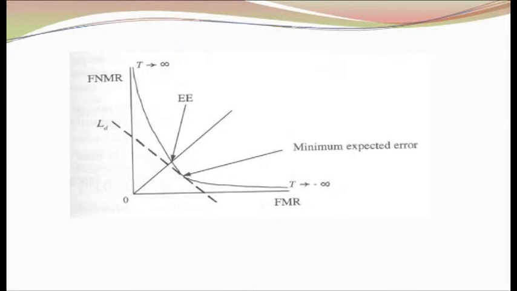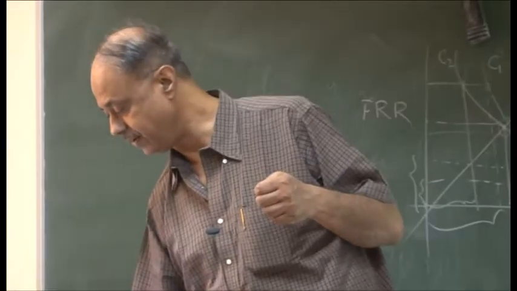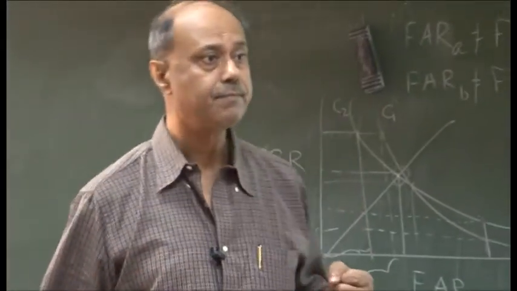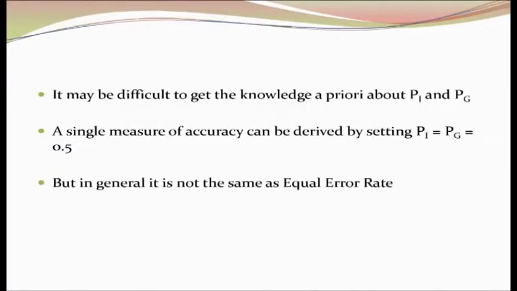So one thing to remember is that I have considered P imposter and PG. How to get this P imposter and PG, right? That is a difficult problem, because in a lab you have to ask somebody to come, randomly he will come and either he will try to act as a genuine user or act as an imposter.